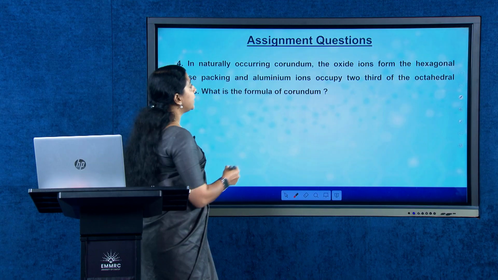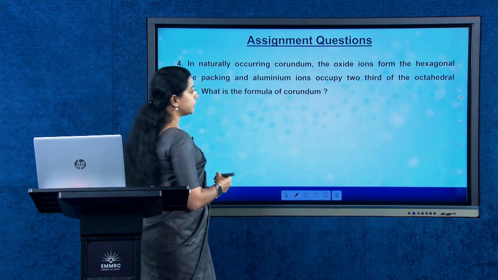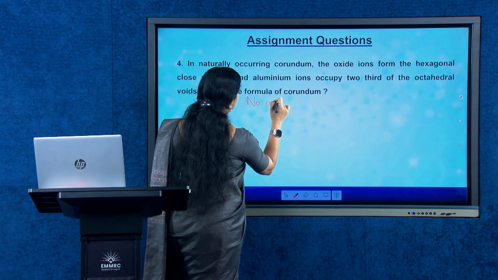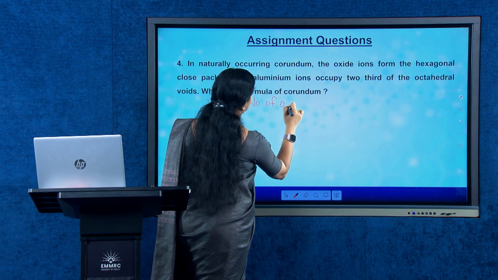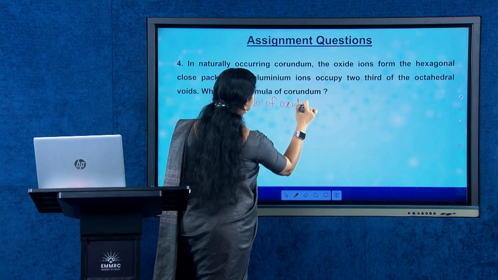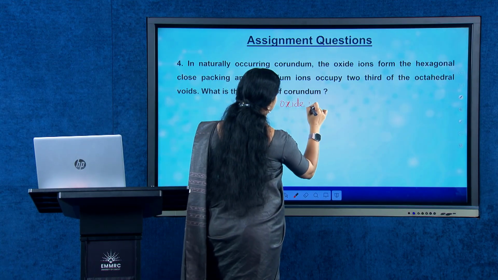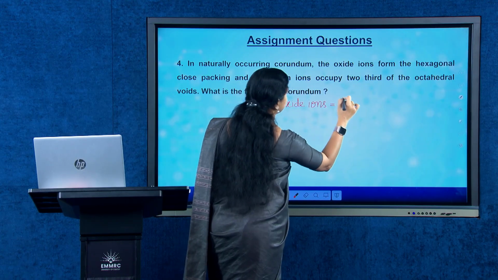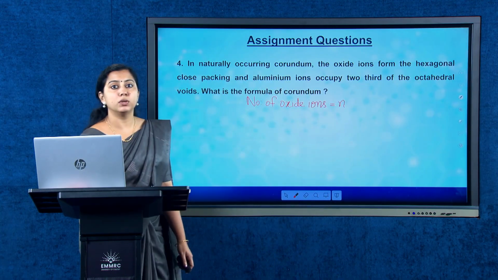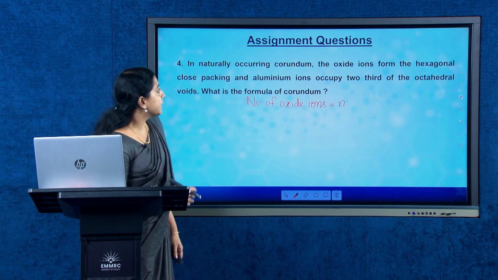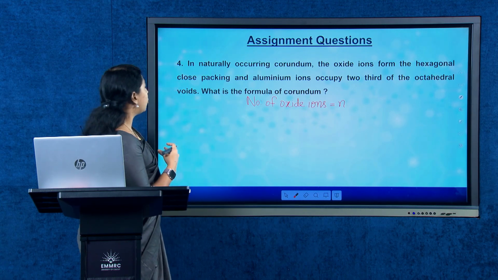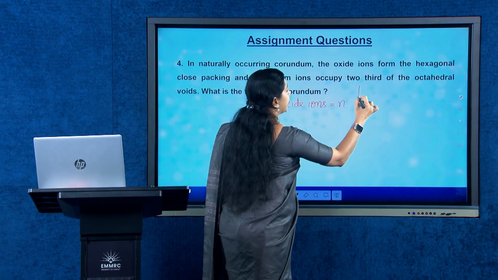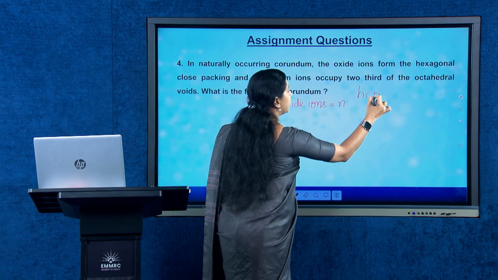So, let the number of oxide ions be equal to N. It is given that oxide ions form a hexagonal close packing. So, they form a HCP arrangement or hexagonal close packing.